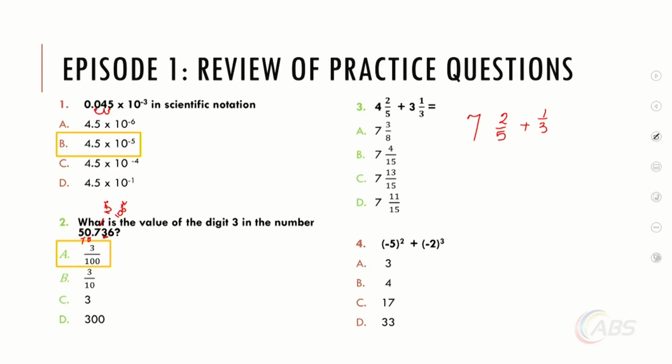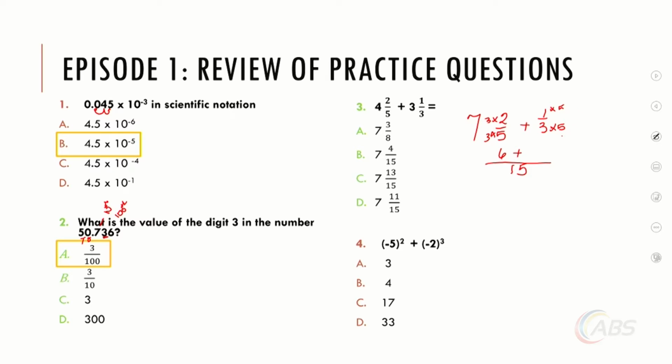1/3. When we add fractions, we always have to find the LCM, or lowest common multiple, of the denominators. The denominators here are 5 and 3, and the LCM of 5 and 3 is 15. So now we ask ourselves, 5 times what gives us 15? That's 5 times 3, which gives us 15. And what we do to the denominator, we also have to do to the numerator. 3 times 2 is 6, plus, now we go 3 times what gives us 15, and that's 3 times 5 gives us 15.